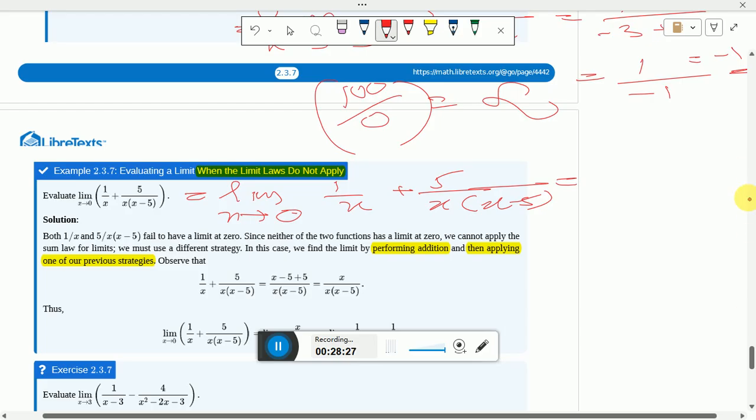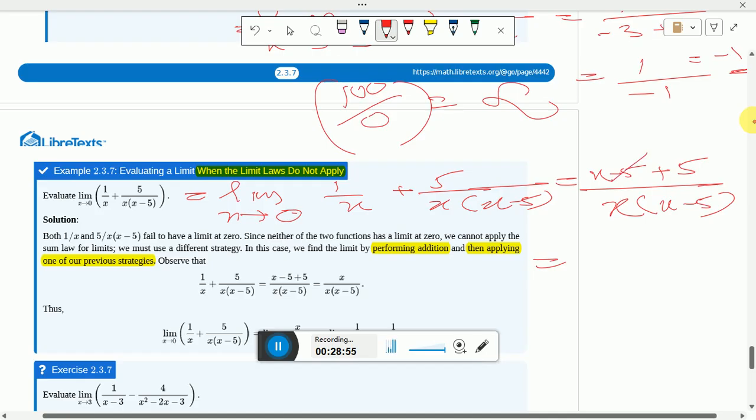What is the LCM? Both have x, so x into x minus 5 is the LCM. Dividing both sides by x, the remaining element is x minus 5 plus 5. This is the simplified version of the equation.